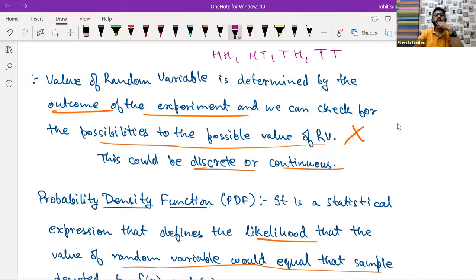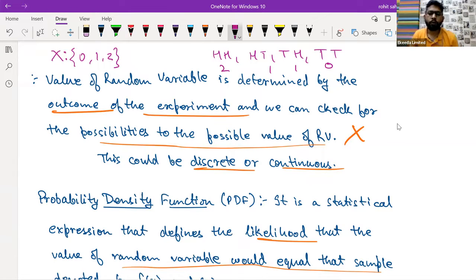So likewise, you saw that the number of heads were 0, 1, and 2. So these values which you see here are the possible values of your random variable. A random variable is generally represented by x, y, and z also. So you can say that this set will have the values 0, 1, and 2. These are the possible values of this.